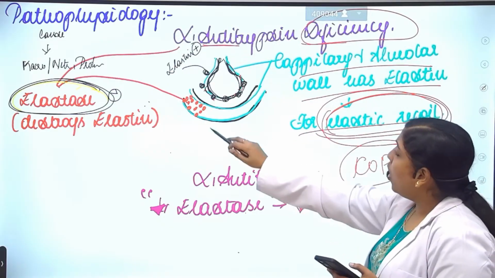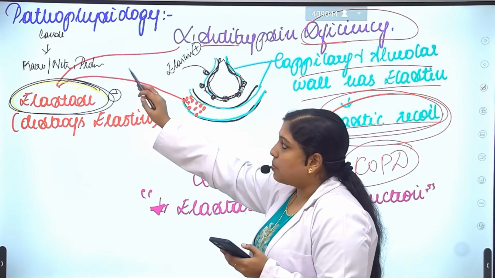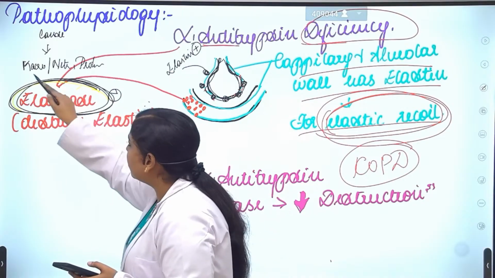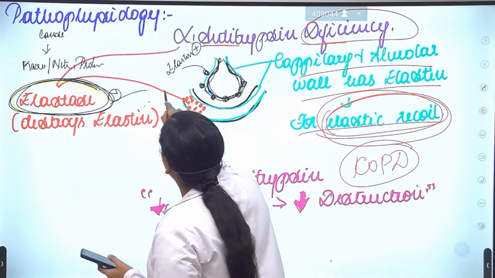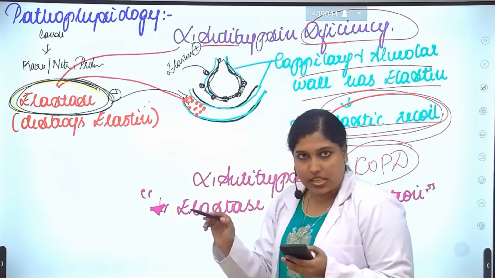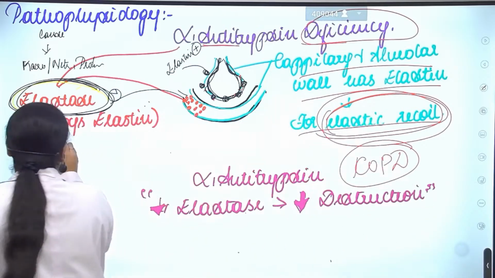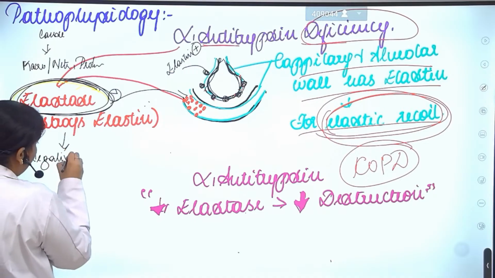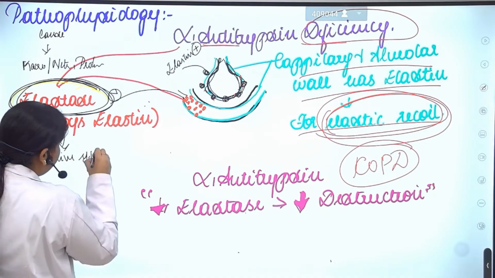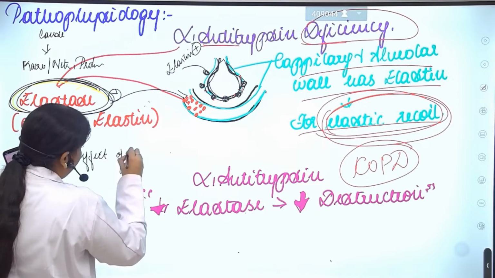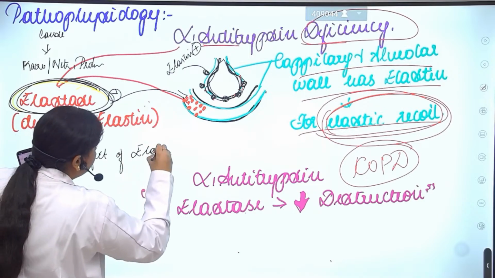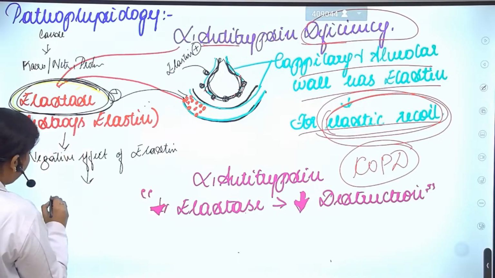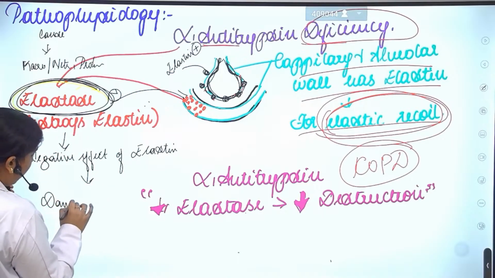So because of the triggering factors, when elastase is activated, this elastase will have a negative effect on elastin, thereby it causes damage to the alveoli.